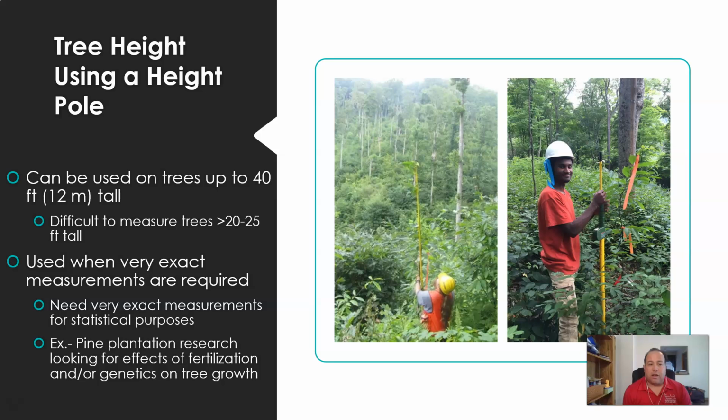The laser and the clinometer will give us good, accurate measurements, but they are accurate based on trigonometry. Whereas with the height pole, we have our measurement device right there next to the thing that we're measuring.